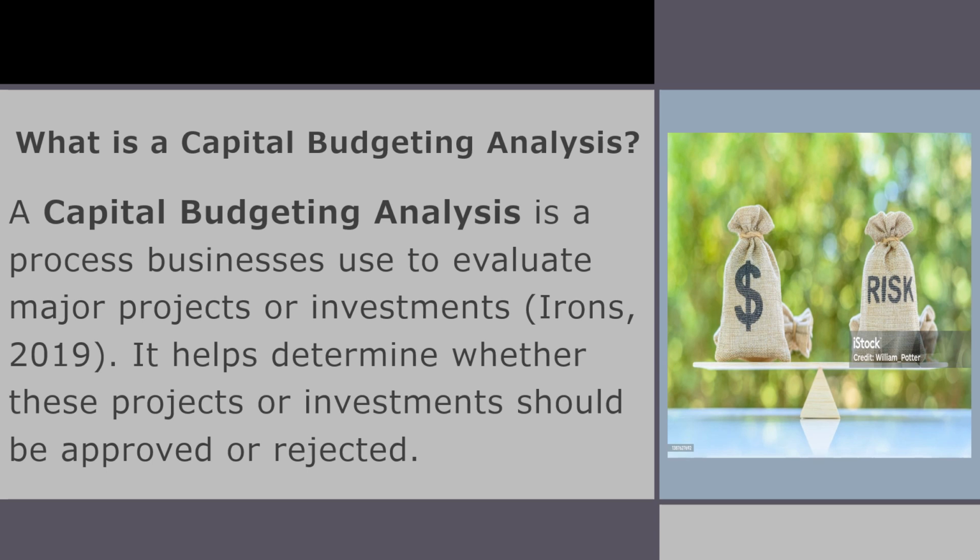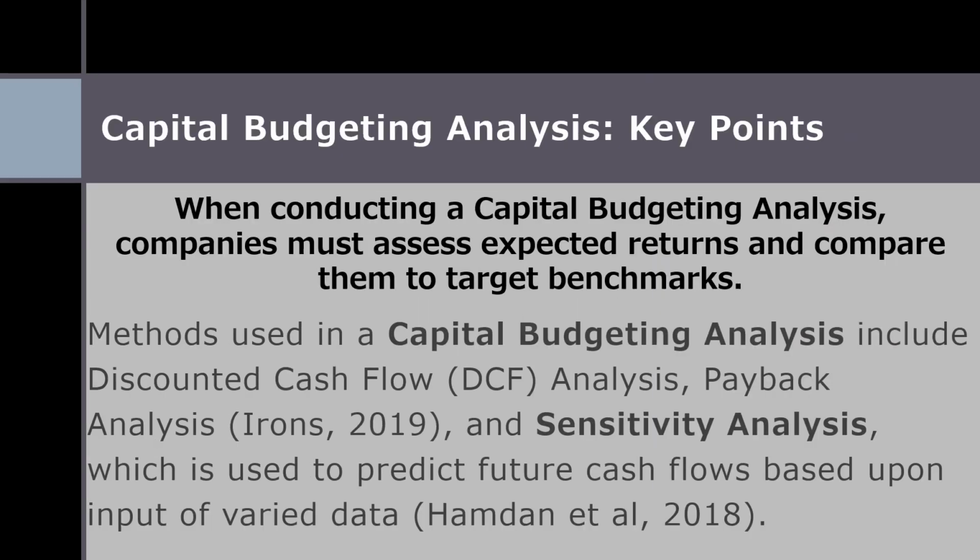A capital budgeting analysis is a process businesses use to evaluate major projects or investments. It helps determine whether these projects or investments should be approved or rejected. In other words, a capital budgeting analysis is a comprehensive assessment that is used to determine the likely risk involved in pursuing a major project or investment.